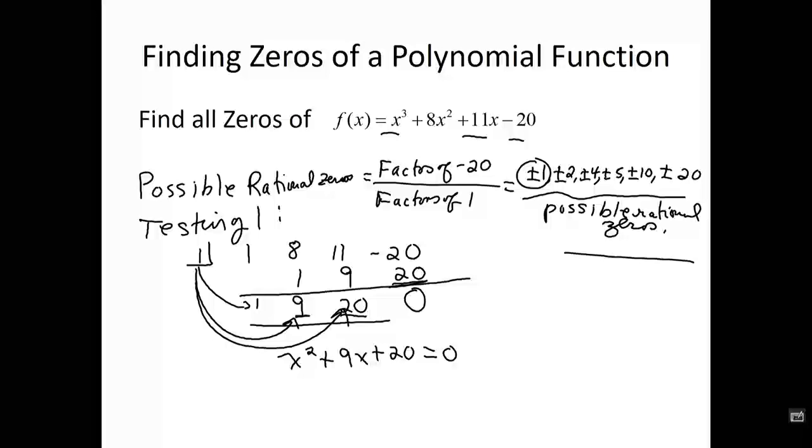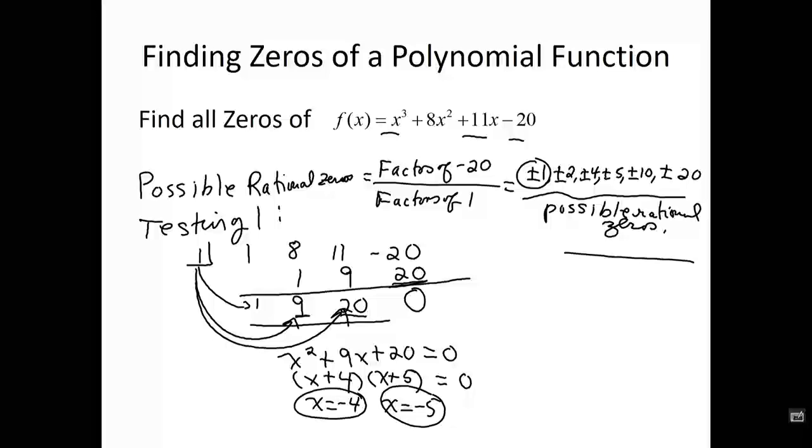Now the next step, we can solve this quadratic equation by factoring. So if we factor, we have x plus 4 times x plus 5. Using the zero product principle, we have x is equal to negative 4 and x is equal to negative 5.